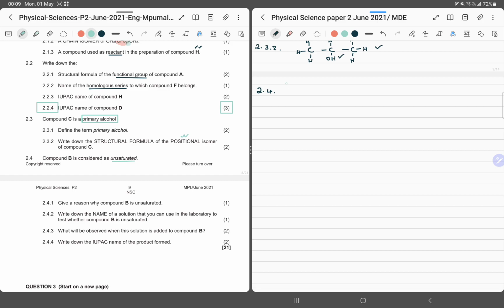It contains a double bond between 2 carbons.